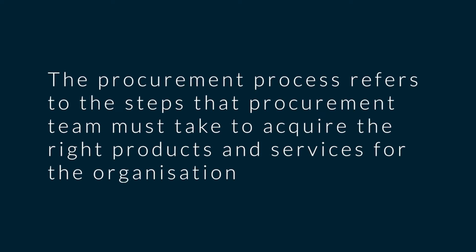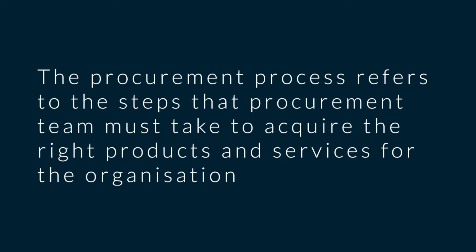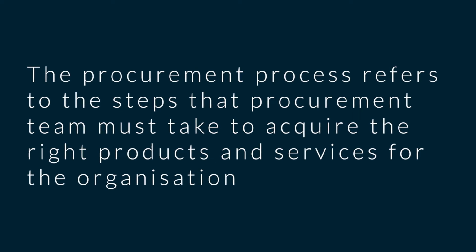The procurement process refers to the steps that a procurement team must take to acquire the right product and service for the organization. The process will definitely vary depending on the organization you're dealing with.